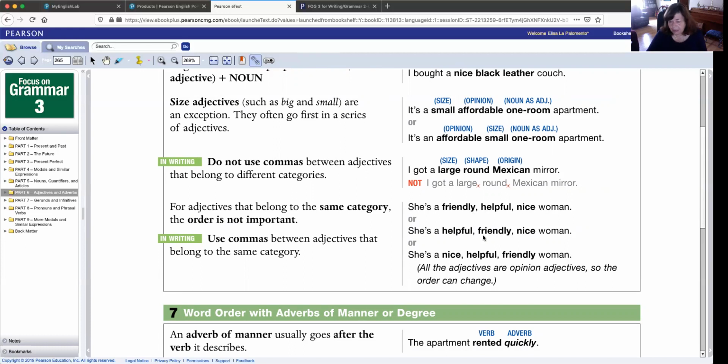They're using all the same words, but in different order, because one is not more important than the other. And because they're the same category, you can change the order of the words. When the adjectives come from the same category, then we need to put a comma between them, okay?